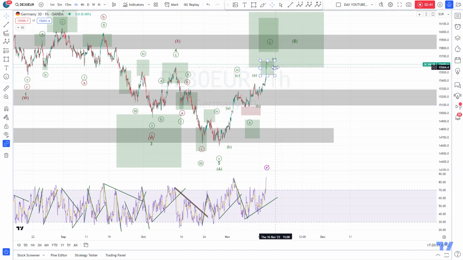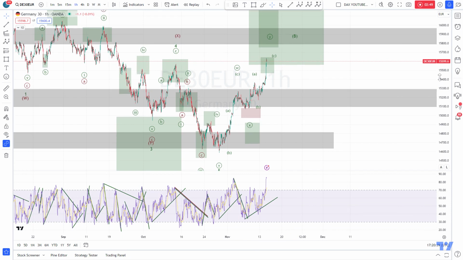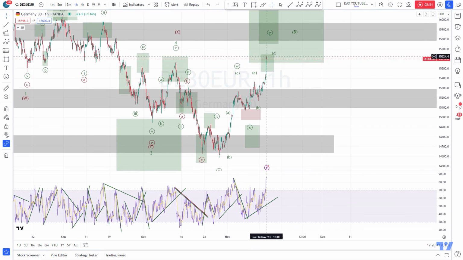During the day, I also added this target level here on the chart. And as you can see, it's not really a coincidence that we hold right here for the moment. We reached the upper boundary of the wave C area.